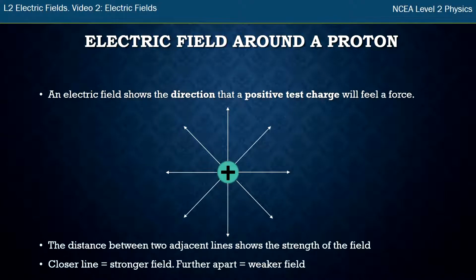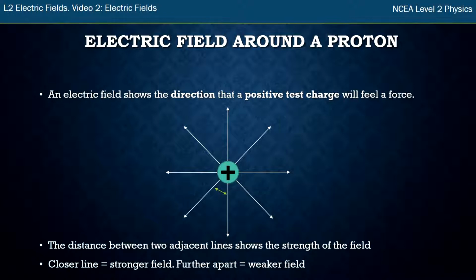There's a couple of things here. We've got the direction, but we can also look at this electric field to tell us the strength of the electric field. And the way you do that is you look at two lines that are beside each other, and the closer the lines are, the stronger the field, and the further apart the lines are, the weaker the field. So I can look at between these two lines here. They look relatively close, so quite close to the proton is a strong electric field.